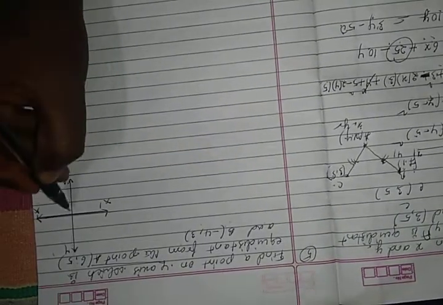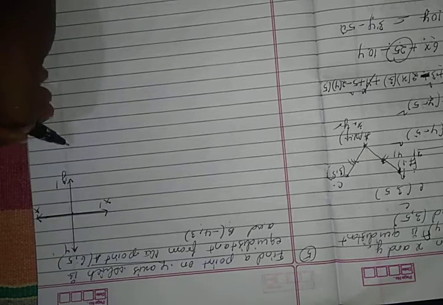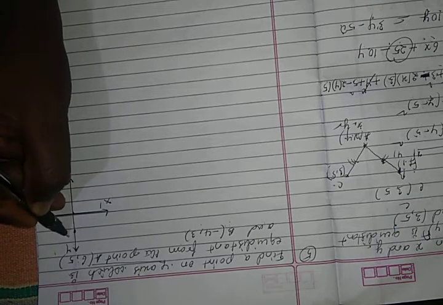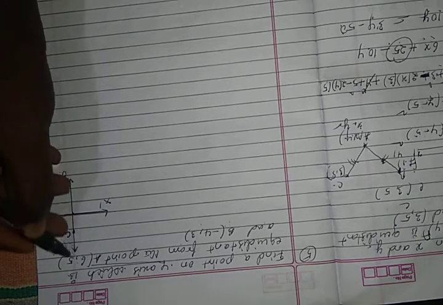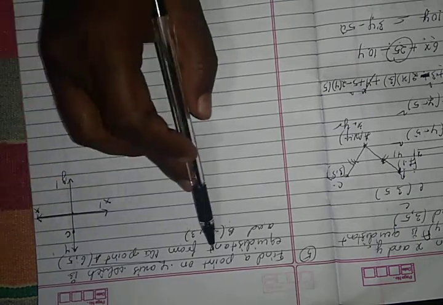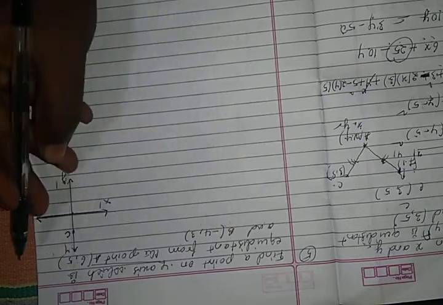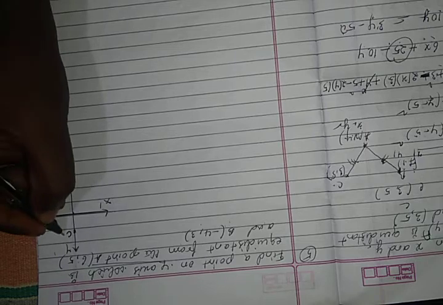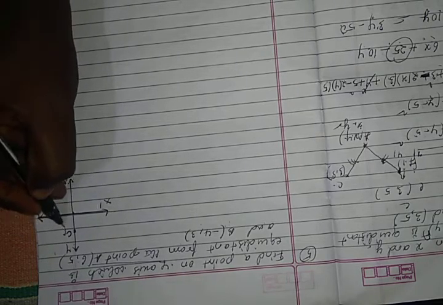Let us see here, this is the x coordinate and this is the y coordinate, and here is the point on y-axis. If you take this point C on the y-axis, the points A and B are equidistant from C. What are the coordinates of C?